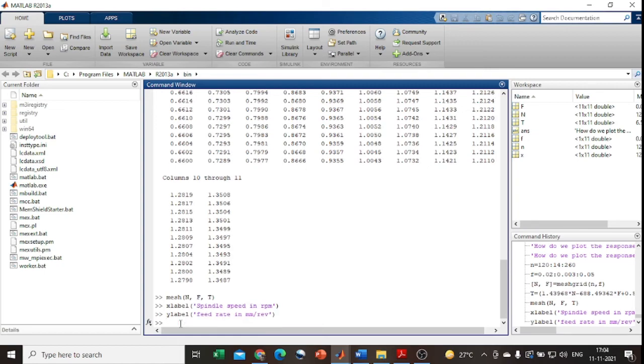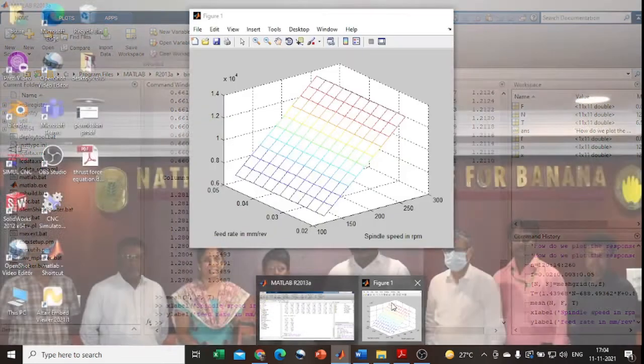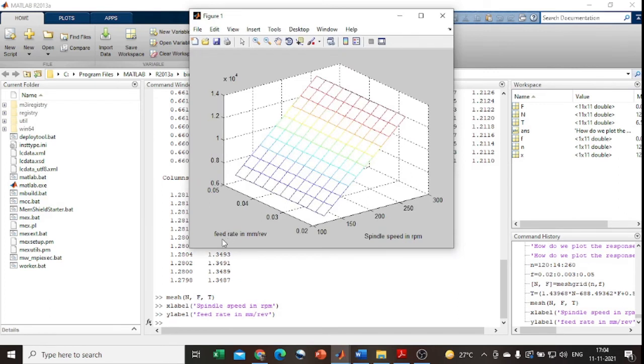Yes, what happens with the graph? Let's see here. Yes, in the y-axis there is feed rate in mm per revolution. Likewise, we can label the graph axes, but in the z-axis there is no label available.